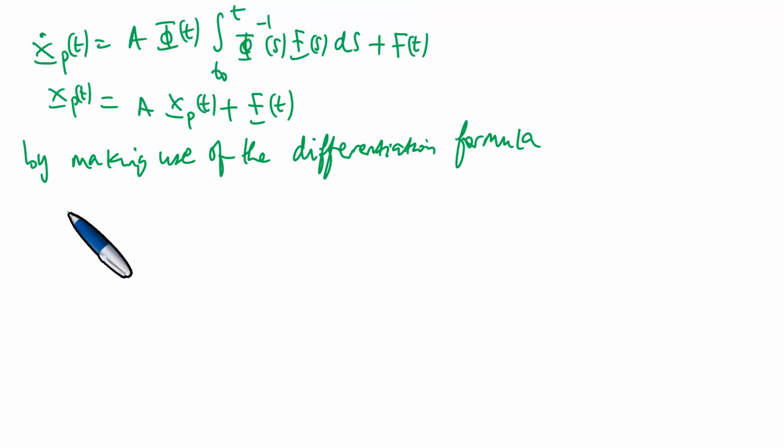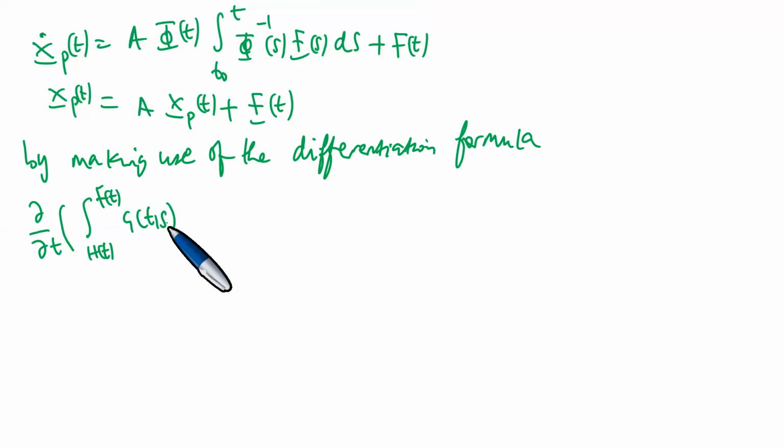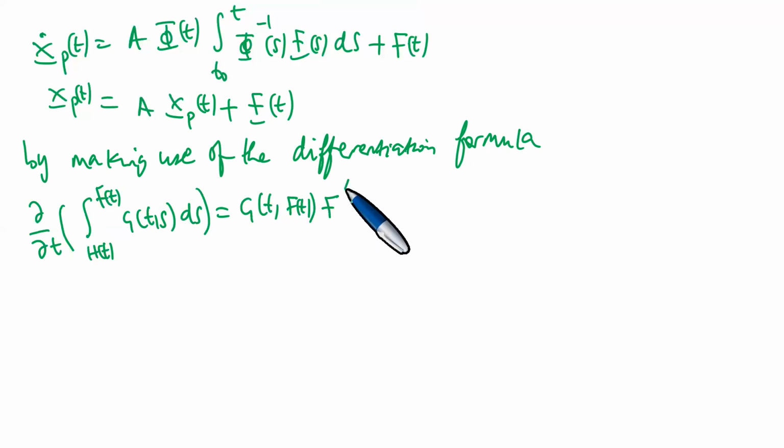The differentiation formula is the partial derivative with respect to t. So ds, f of t, primed of t. Okay, this is just a formula I'm writing here.